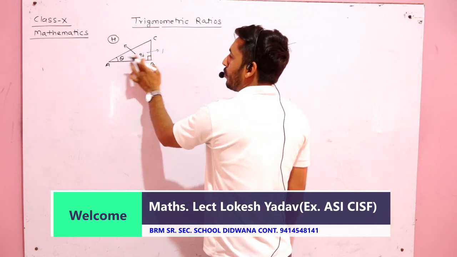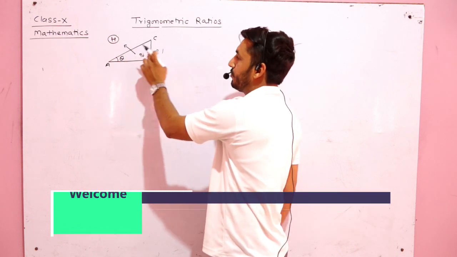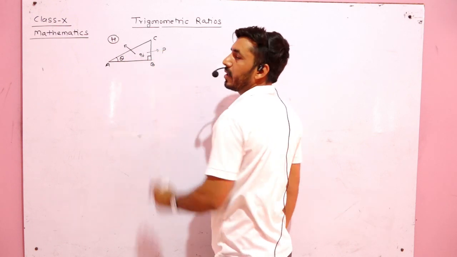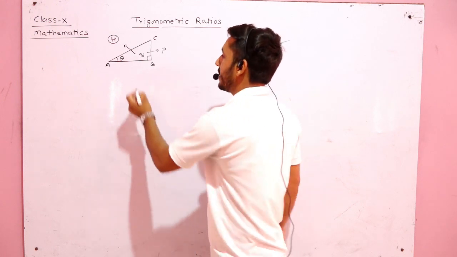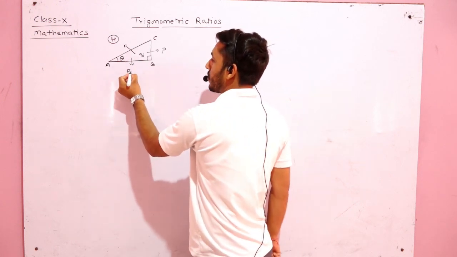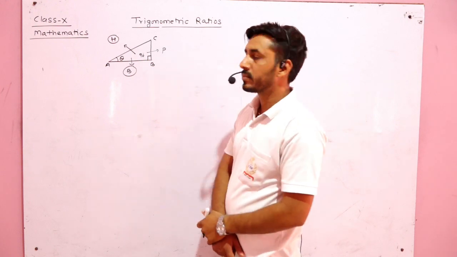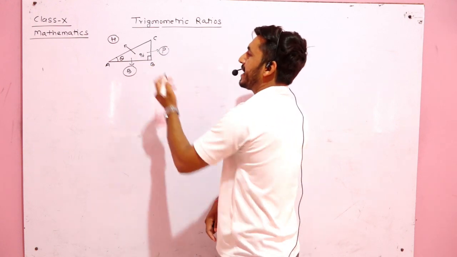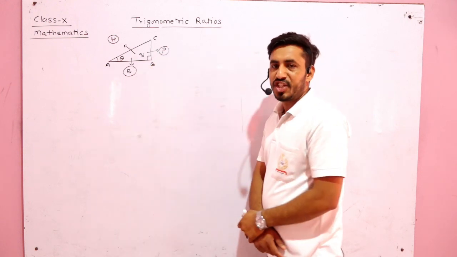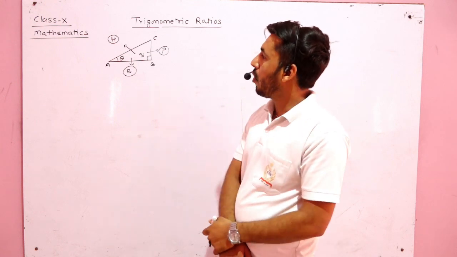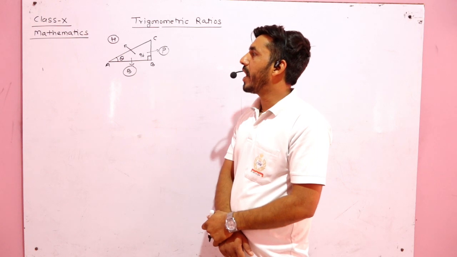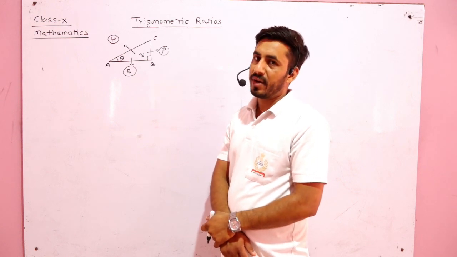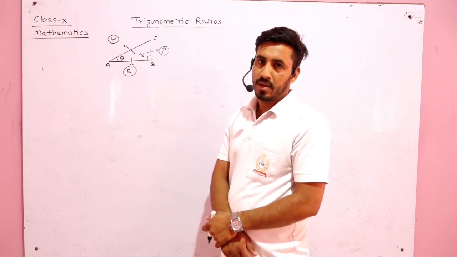And the remaining third side is called base. By assuming theta and 90-degree, all 3 sides we have measured in terms of hypotenuse, perpendicular, and base.